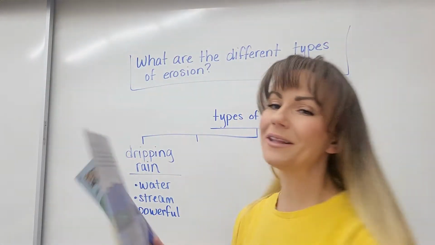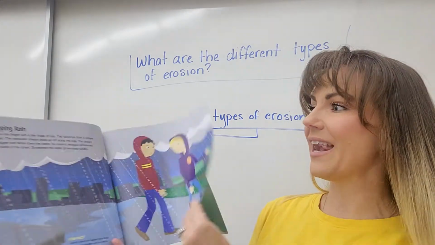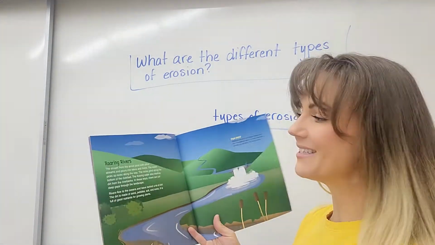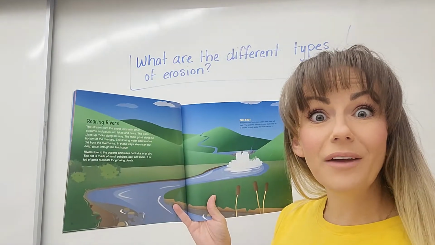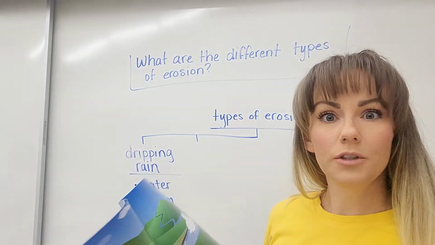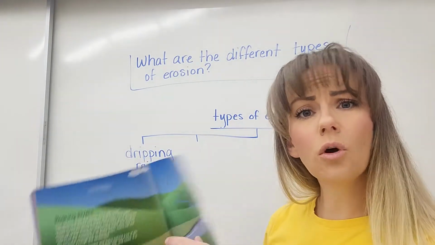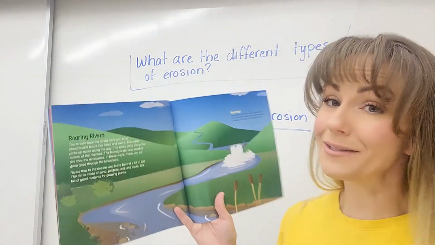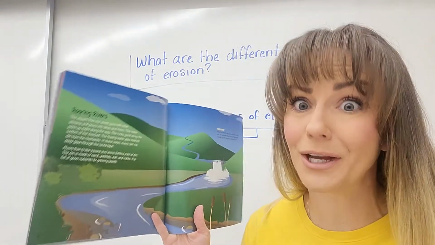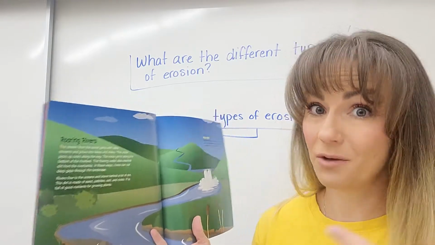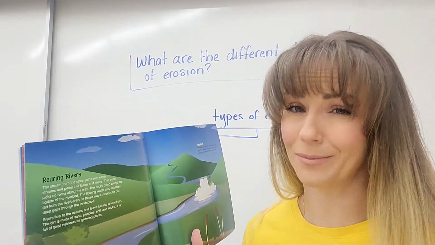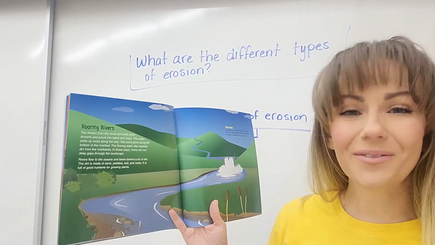All right, ladies and gentlemen, let's turn the page and see what our next type of erosion is, and that is roaring rivers. Do you want to write it right now? Go ahead. Roaring rivers. We practically are done with the school year, so if you want to write that on your own before I write it, that would be a good idea. Roaring rivers.